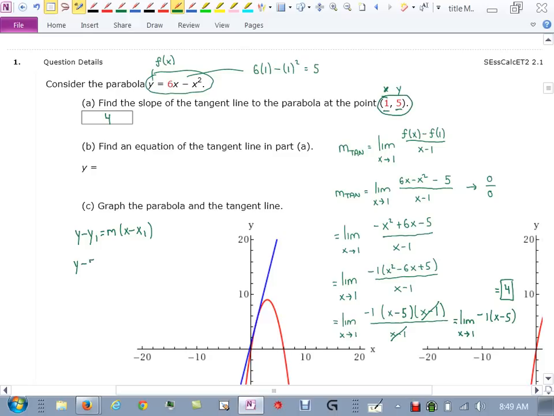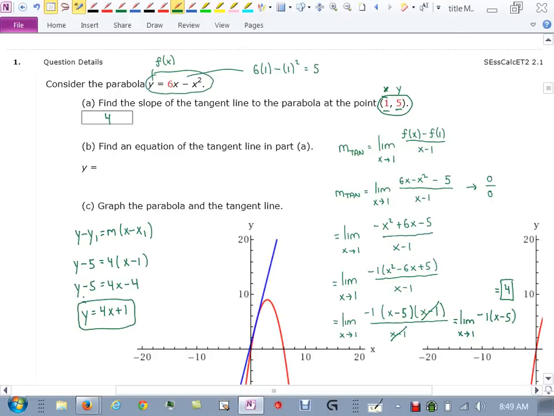So we go y minus 5 equals the slope, which we just found to be 4, times x minus x1, which is 1. And then I can say this y minus 5 equals 4x minus 4, distributing the 4. Add 5 to both sides. We get 4x plus 1. So there's the equation of our line.